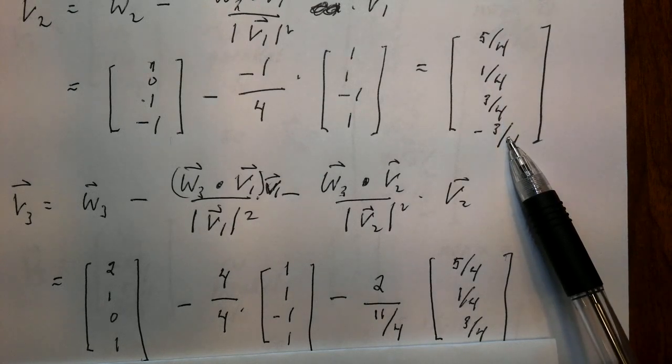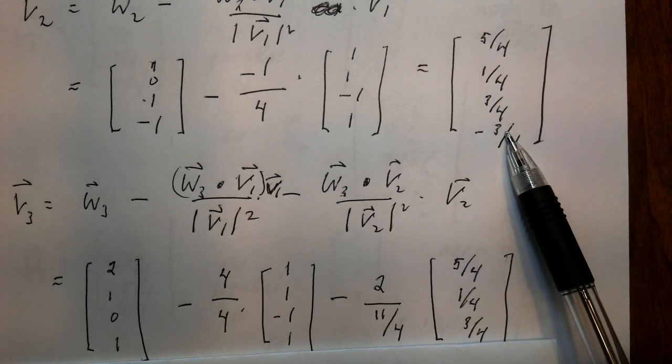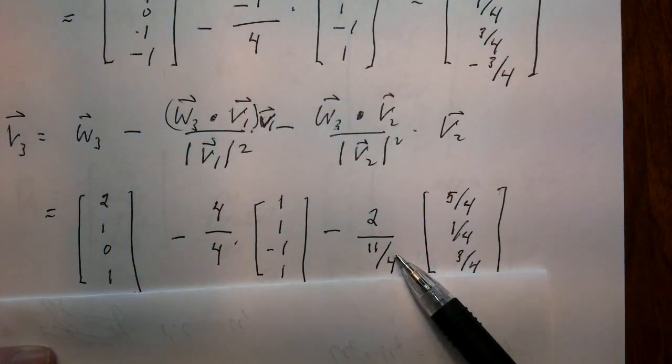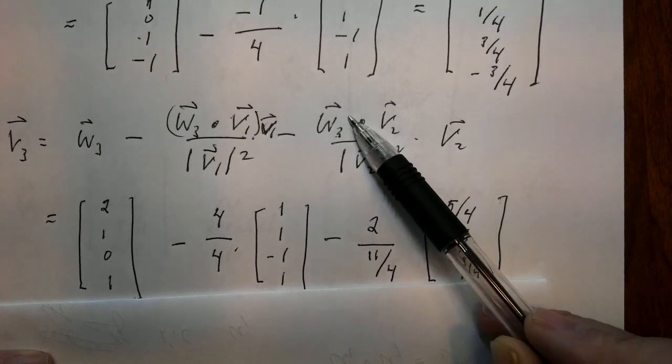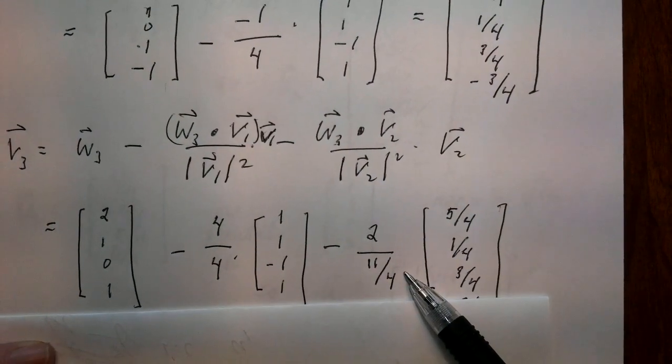If I take the dot product of them, I'll have 10/4 plus 1/4, 11/4, and then minus 3/4. I hope I'm looking at the right vectors, but in any event, the dot product is 2, and the length of v2 squared is 11/4.